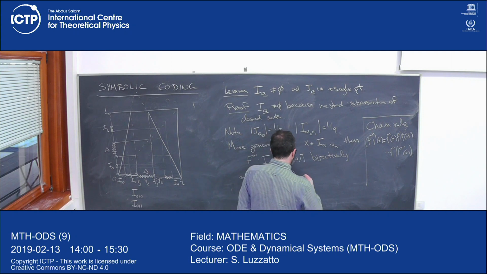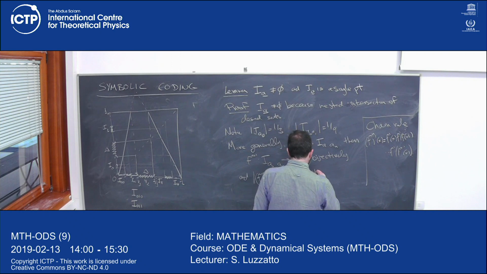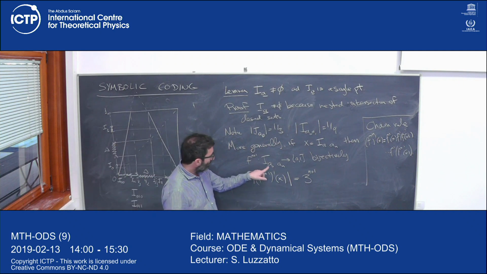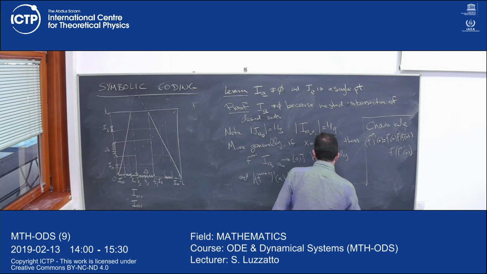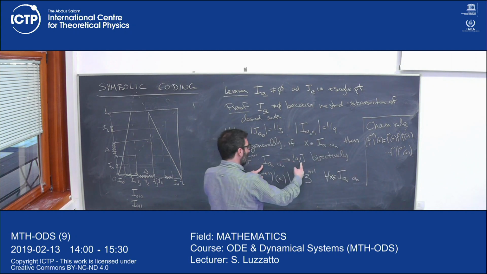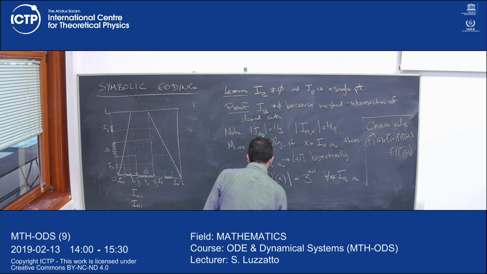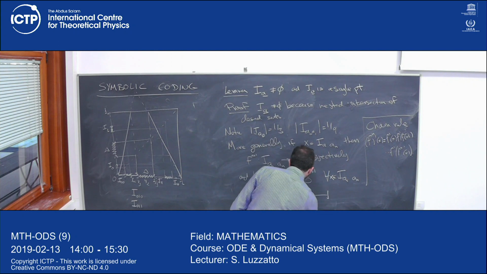So when you take the absolute value, this is just 3 to the n plus 1. And this is for all x in A0 AN, so we actually have a bijection from this to this with constant derivative, right? This is A0 to AN. This is Fn plus 1. This maps to 0, 1.